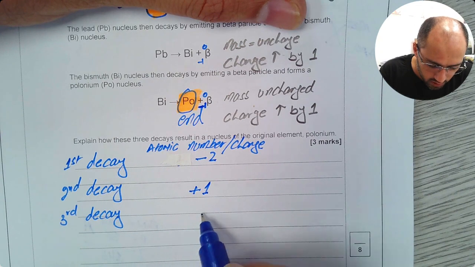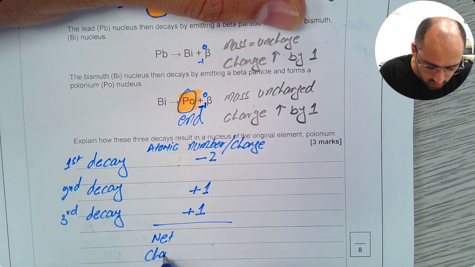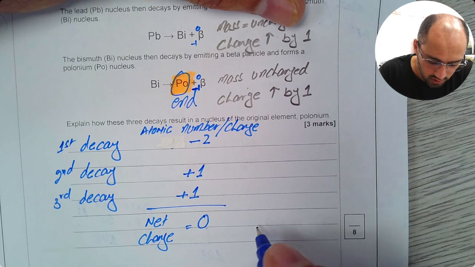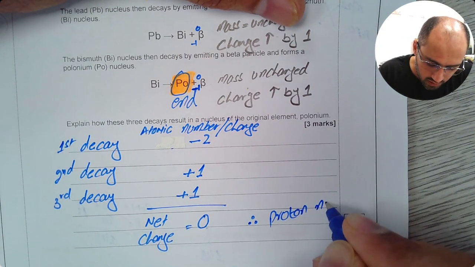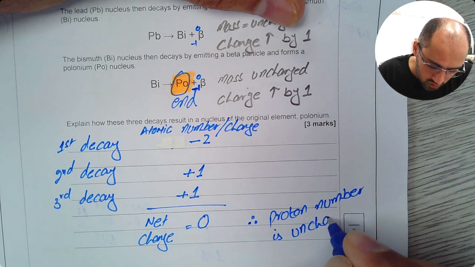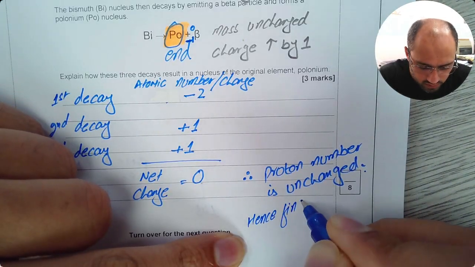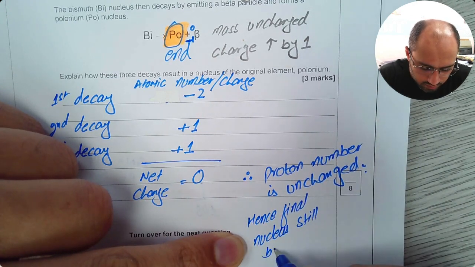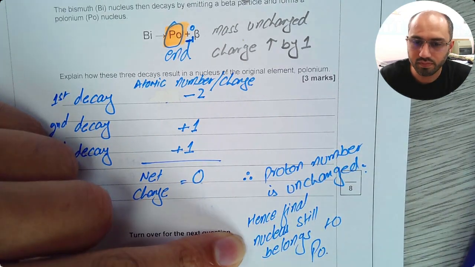In the third decay, it went up by 1. So the net change is equal to 0. If the net change is 0, therefore the proton number is unchanged. Hence, the final nucleus still belongs to polonium. And that's my answer.